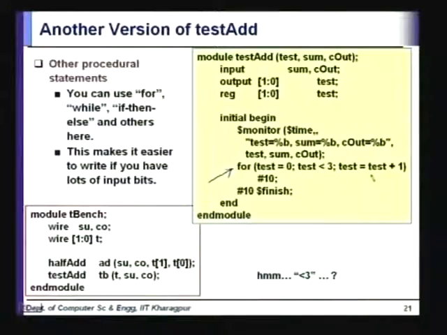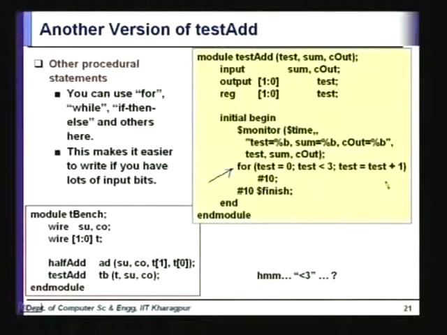Is that all right? Now I am no expert in Verilog, so if you ask me nitty-gritties about the semantics, then I can't say, but that's the idea. You are not supposed to write something which is more than 3 in a 2-bit register.